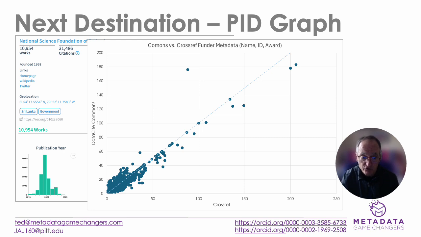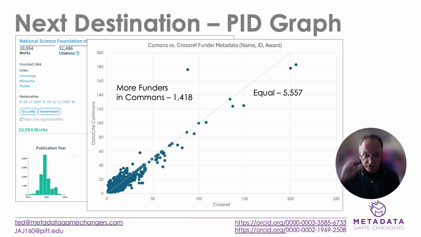This shows the number of records with funder metadata in Commons versus the number in Crossref, with a line of equality shown going across this plot. And out of the almost 11,000 research outputs, essentially half of them have the same number of funders mentioned in Crossref and in DataSite Commons. So that's good.